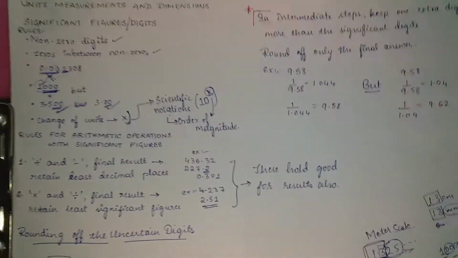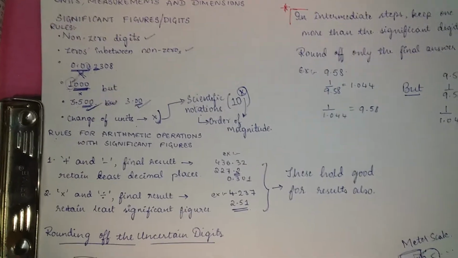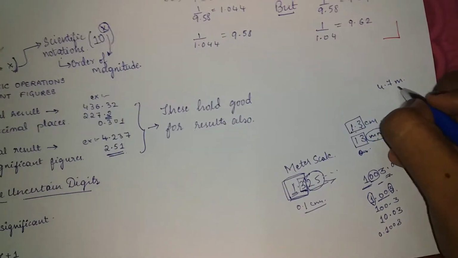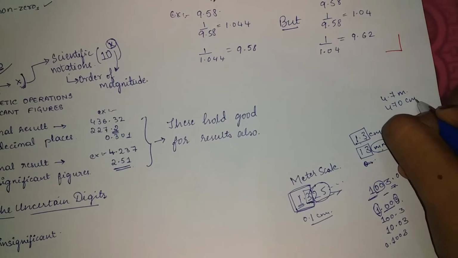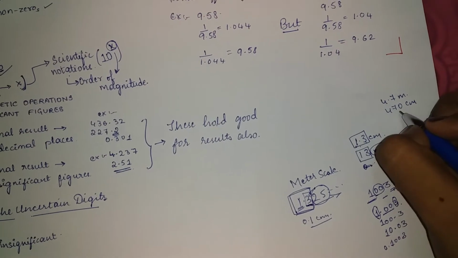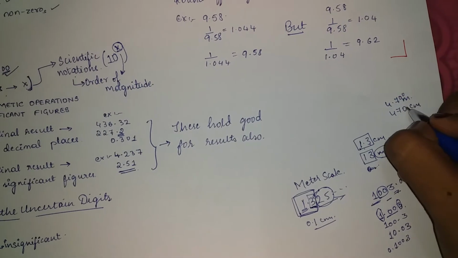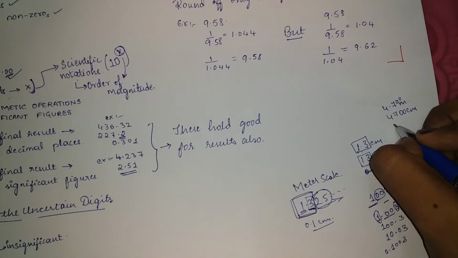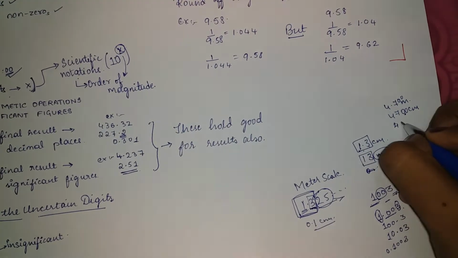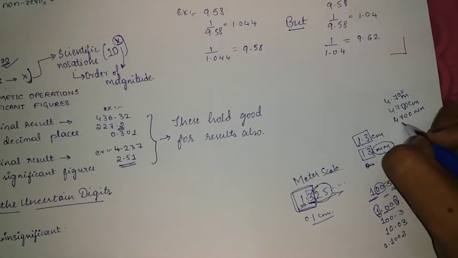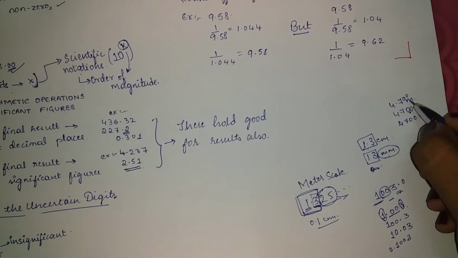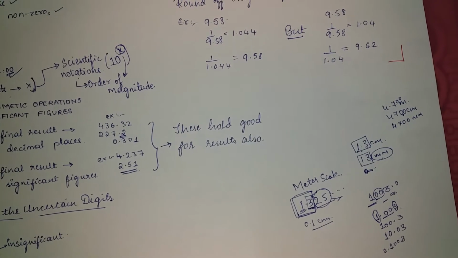For example, some 4.7 meters can also be written as 470 centimeters. Also 4,700 millimeters. Here see, I'm showing you how many significant numbers.